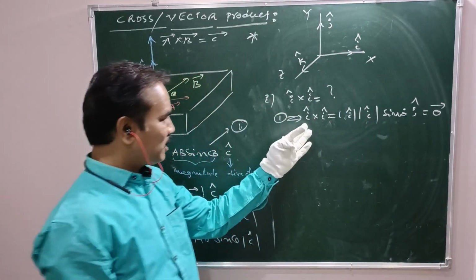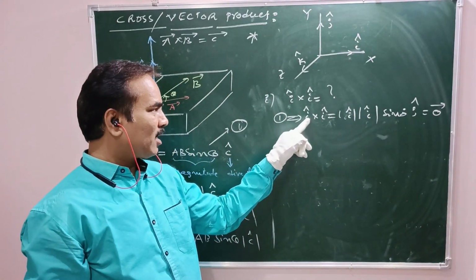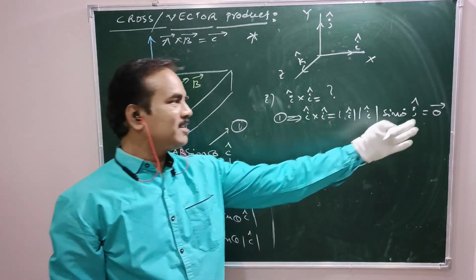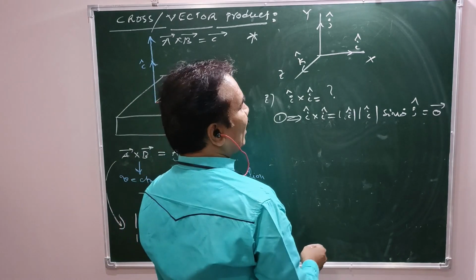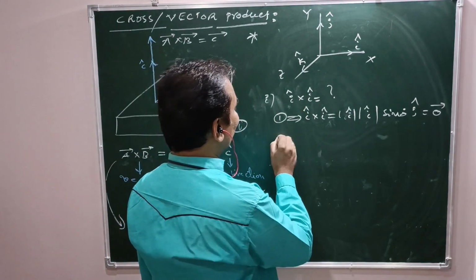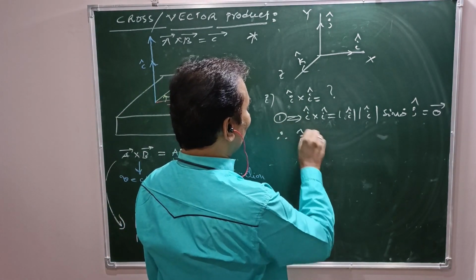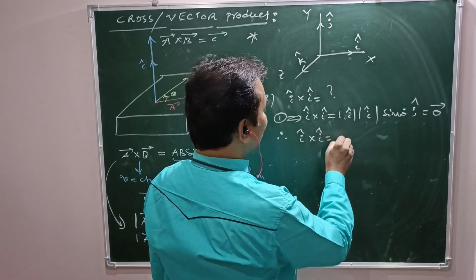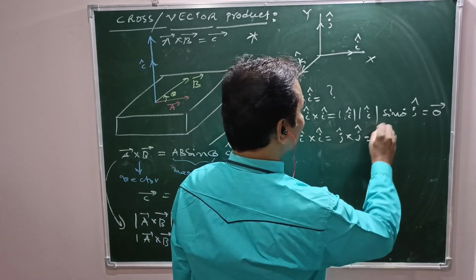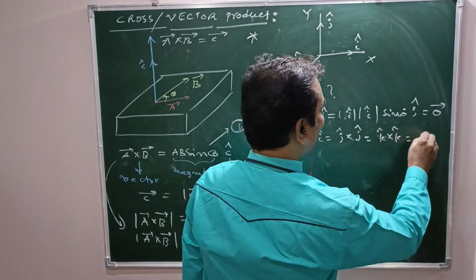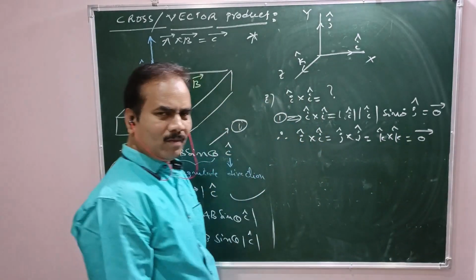Once again, it is proved that the cross product of any vector with itself is a null vector. Therefore I cross I equals J cross J equals K cross K equals 0 bar.